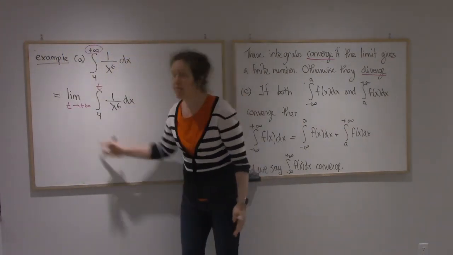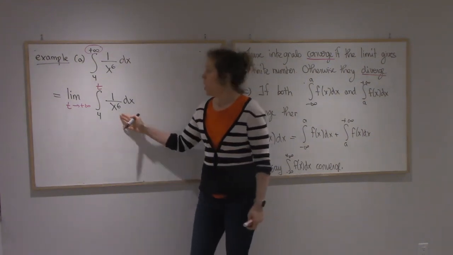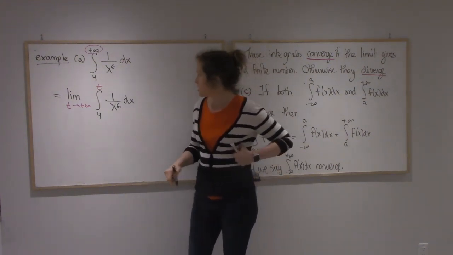At this point, I have a nice definite integral on which I can use FTC since this function is continuous.